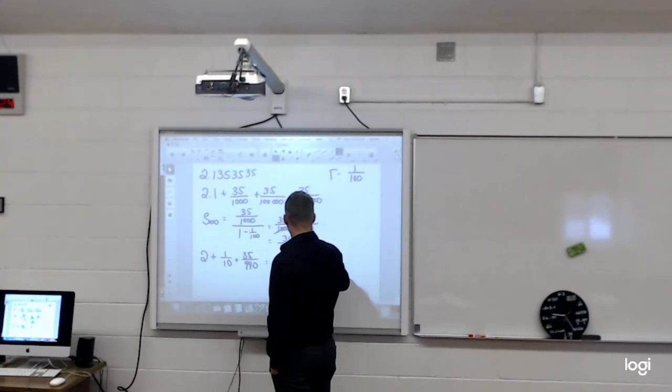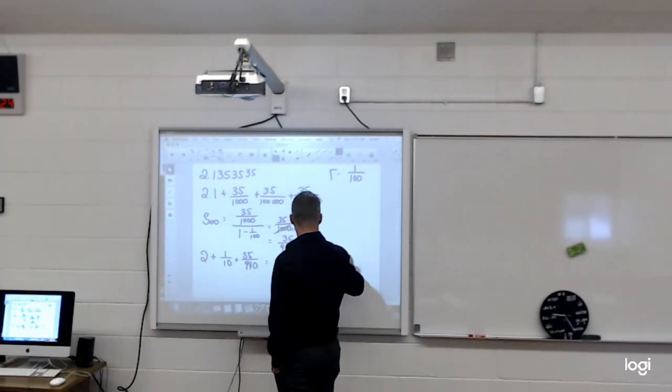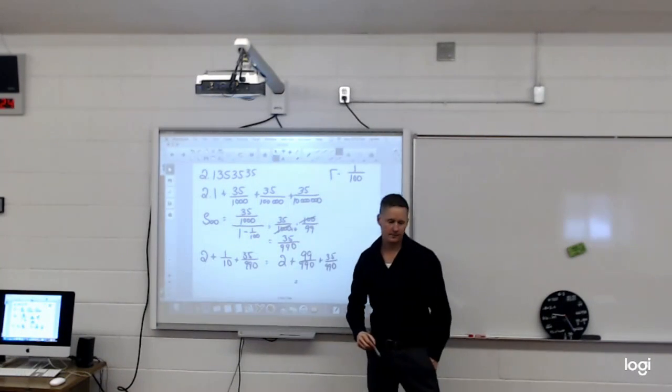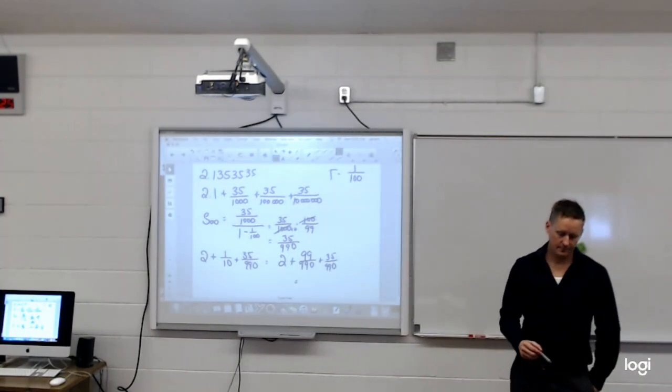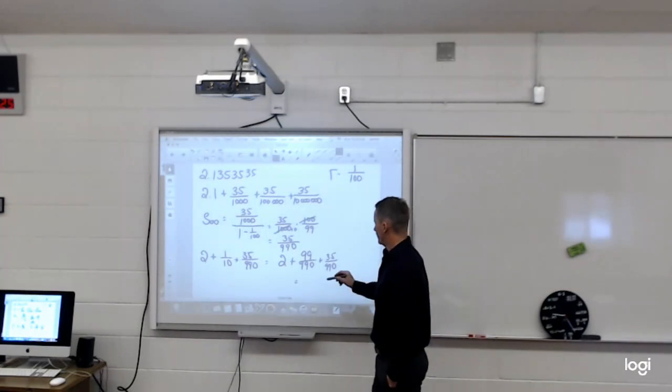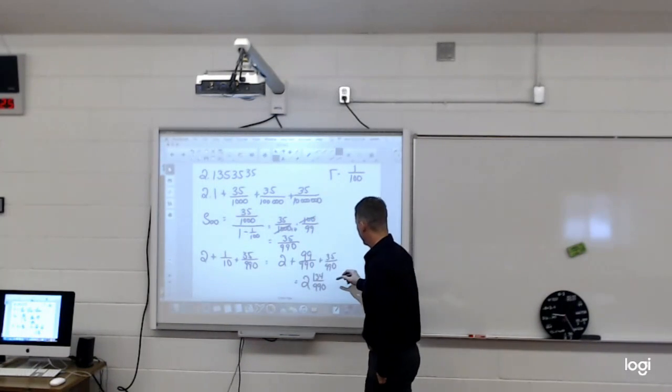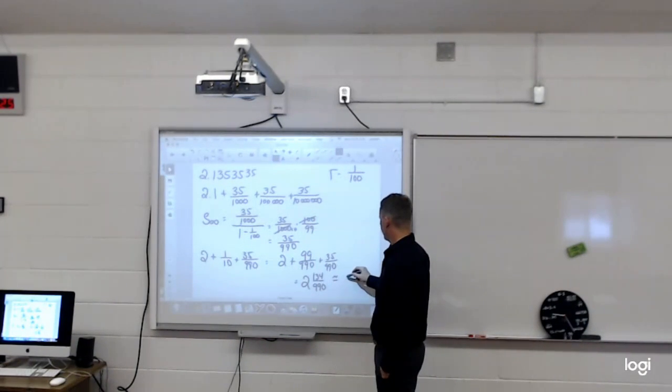So that becomes 99 over 990 plus 35 over 990, which is equal to 2 and 134 over 990. And that is equivalent to 2.135 repeating.